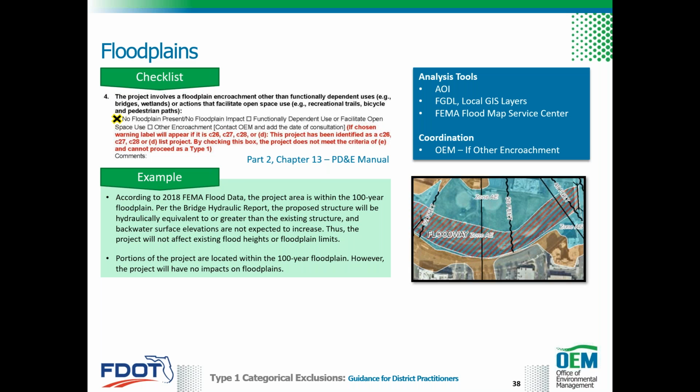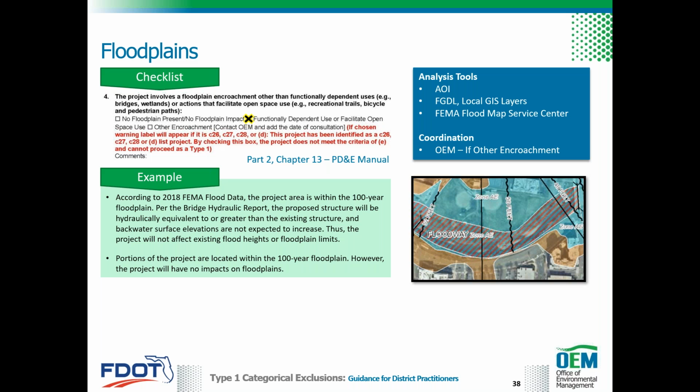If no floodplains are identified or there's no impact, you're going to check the first box. The second box is checked if there are floodplain impacts that qualify for uses that are functionally dependent or facilitate open space. Functionally dependent uses are those for which the project cannot perform its intended purpose unless it's located or carried out in close proximity to water.